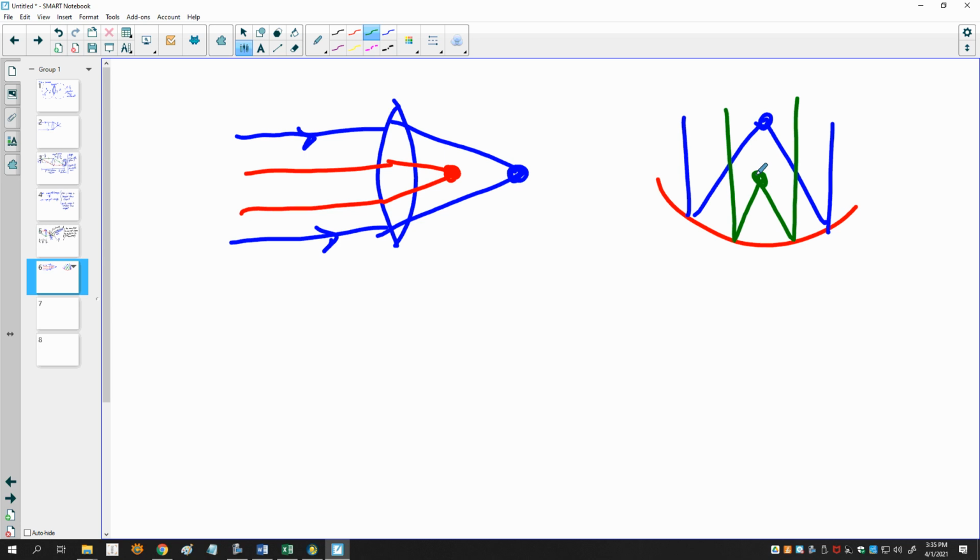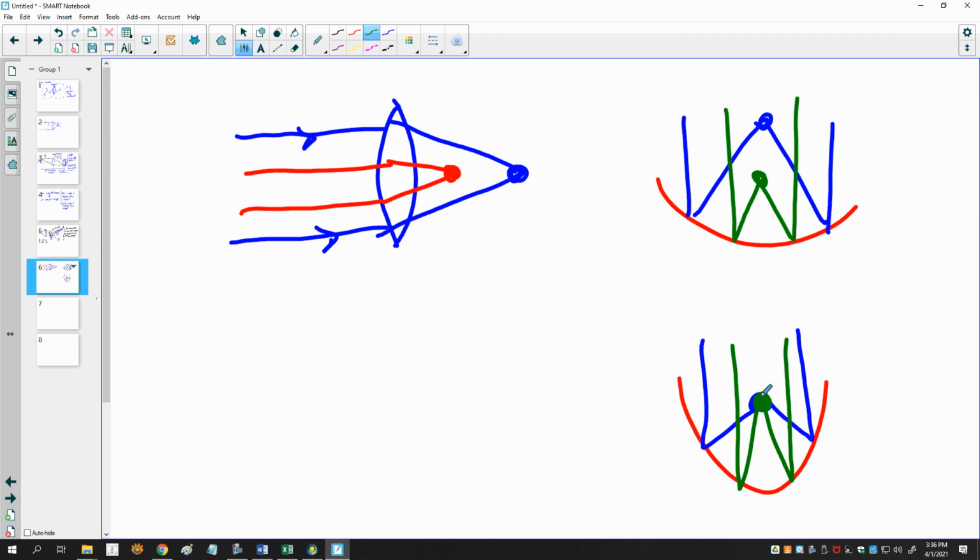One thing that we do in telescopes, fairly frequently, is instead of having a spherical mirror, you'll have a parabolic mirror. And I'm exaggerating the parabolic shape here. But when you have a parabolic mirror, light rays will focus at the same point.